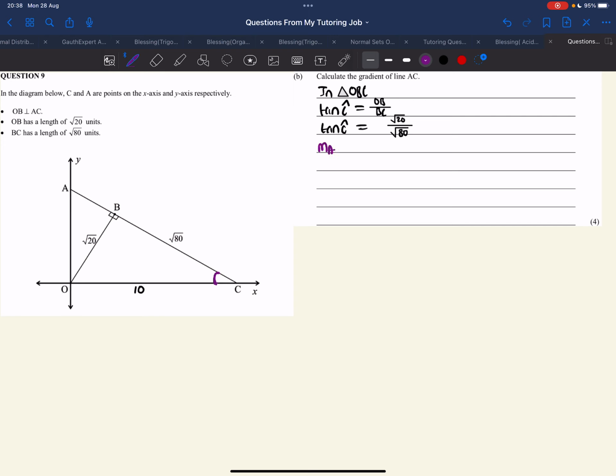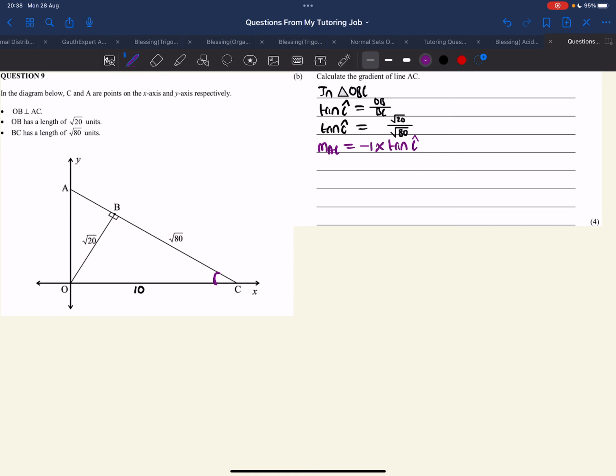Now also remember from theory that the gradient of line AC has to be minus 1 multiplied by tan of angle C, right?